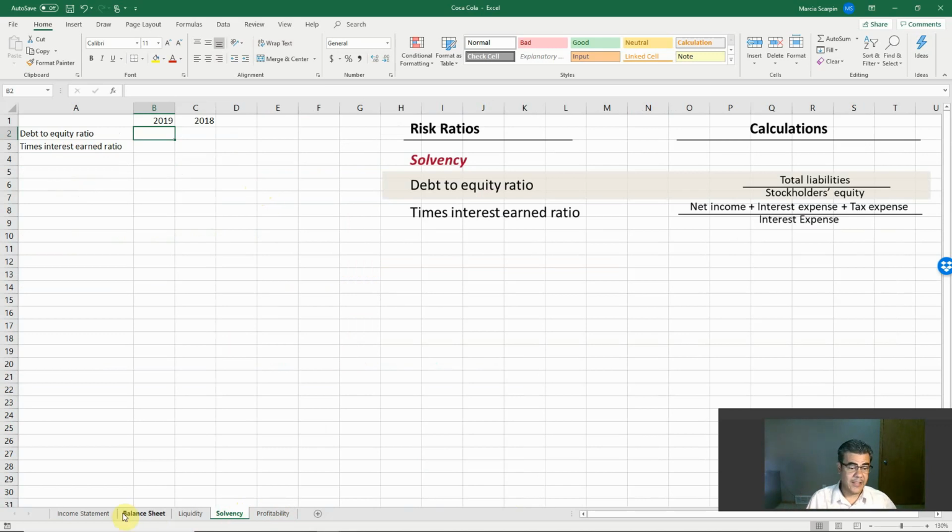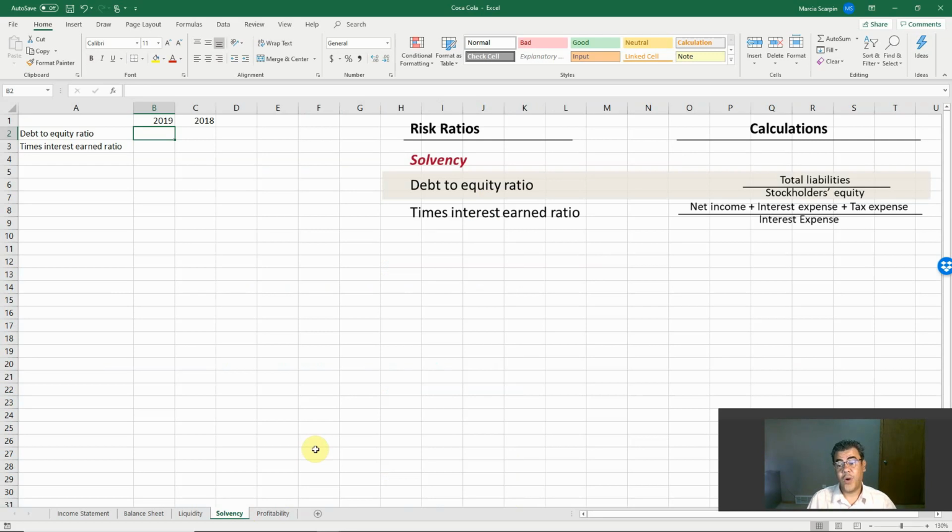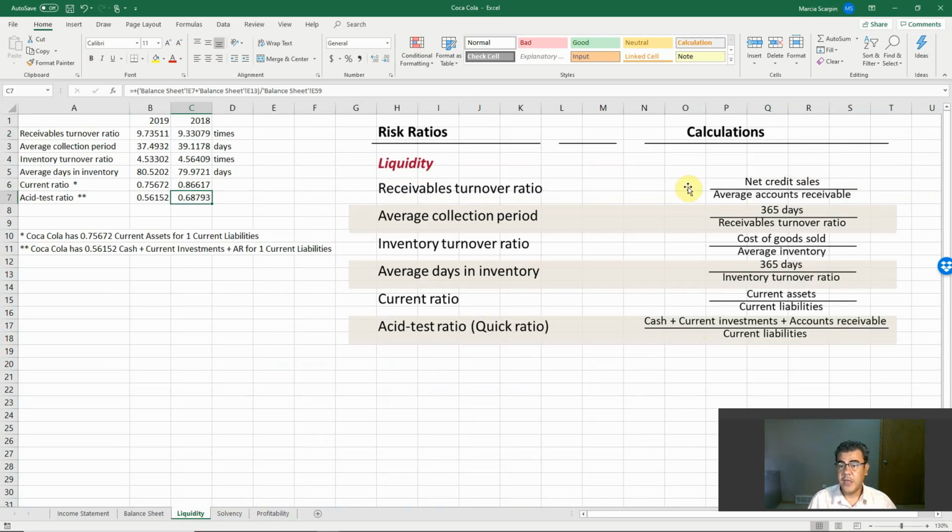Usually we work with 3 years of data, for instance here 2019, 2018, and 2017, and 2 years of ratios. Why? We don't have it here, but for instance in liquidity, there are some ratios that we work with average numbers.